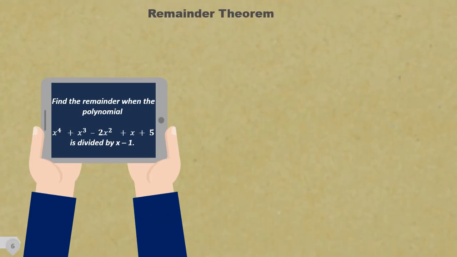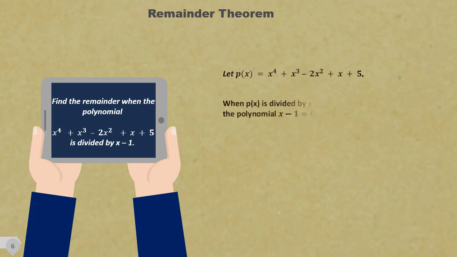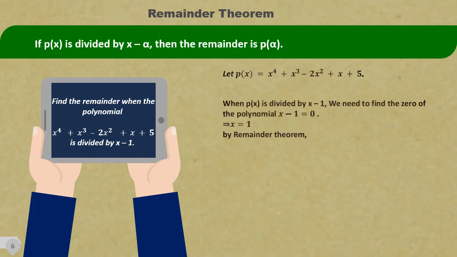Now we proceed again with the remainder theorem. Find the remainder when the polynomial x raised to power 4 plus x cube minus 2x square plus x plus 5 is divided by x minus 1. Here p of x is given, and we know that if p of x is divided by x minus alpha, then the remainder is p of alpha.